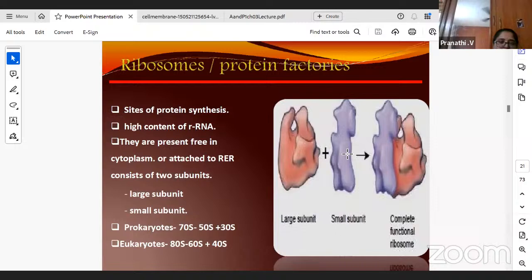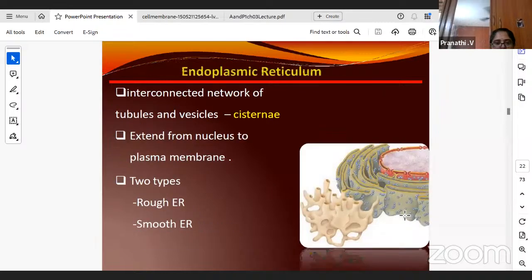They are of two units basically, a large subunit and a smaller subunit. In prokaryotes, you have 70S, which is made up of two components, a 50S and a 30S. Eukaryotes have two components again, 80S. So it is known as the 80S ribosome. It has a 60S and a 40S subunit.